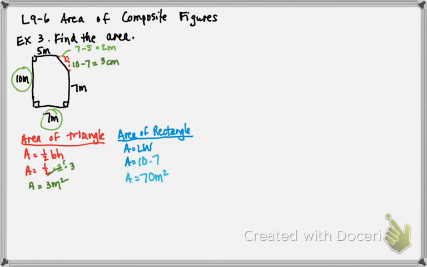So remember, the rectangle doesn't exist. It only exists if I add on that triangle. So if I want to figure out the area of the black outline figure, I'm going to have to get rid of that triangle.